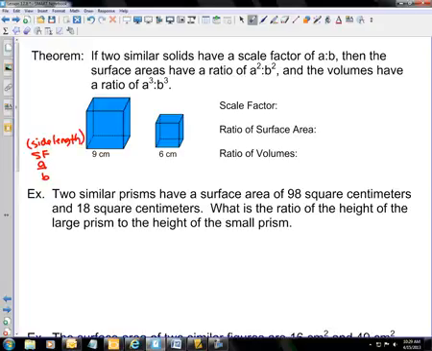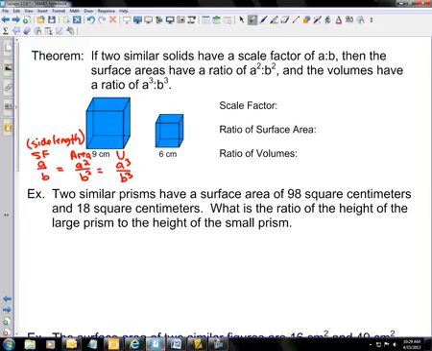It's proportional to the area, but you have to square the scale factor, and it's proportional to the volume, but you have to cube the scale factor. They do not have a direct relationship. So let's look at this right here.